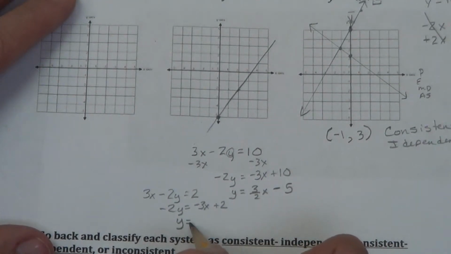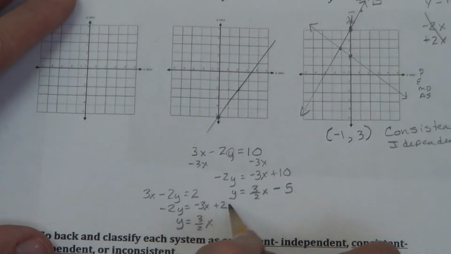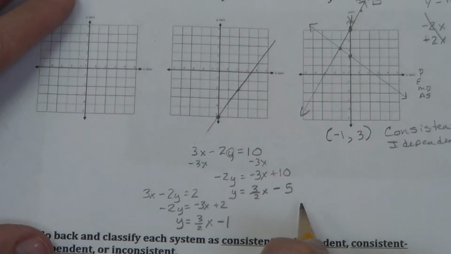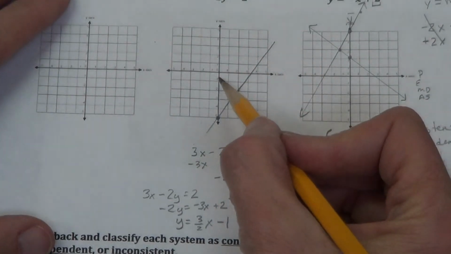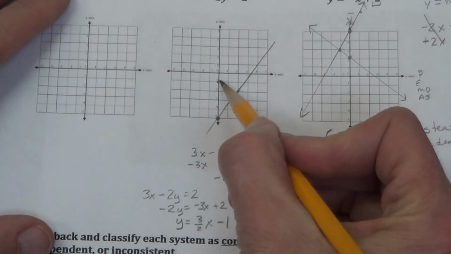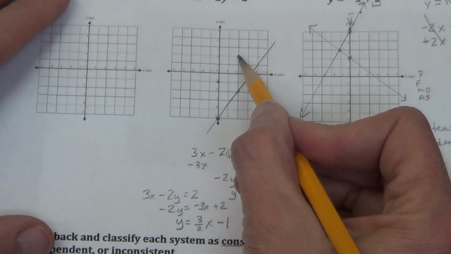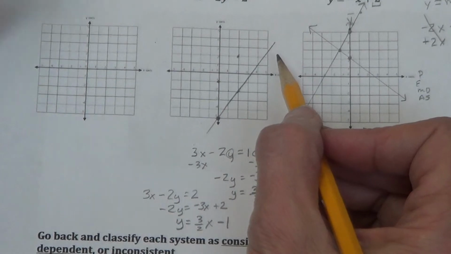We get y equals, 2 negatives make a positive, so it is 3/2 x. Negative 2 goes into positive 2, negative 1. We go to negative 1. We rise 3, run 2, and we draw the line.